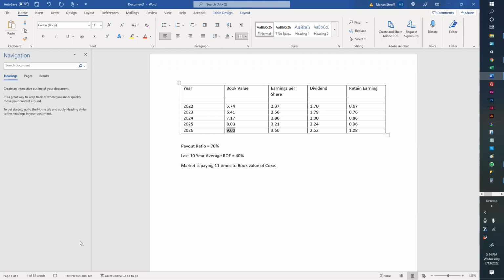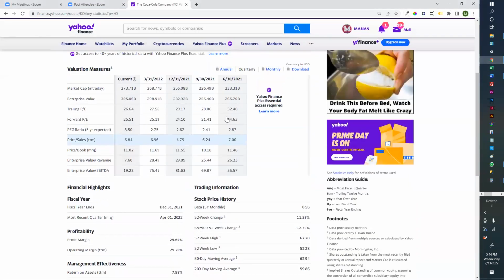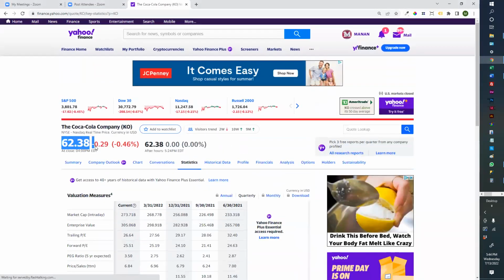Okay. Again, I'm saying, when Coca-Cola had a book value of $5.74, you were paying 11 times book value. So the market was paying around $63 for Coke stock, which you can see here, right? How much are they paying? Around $63.